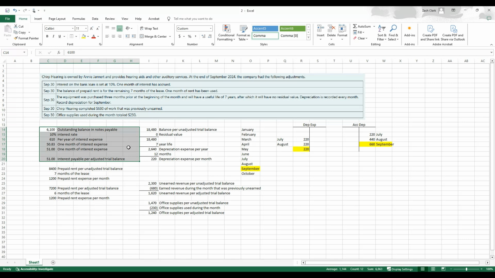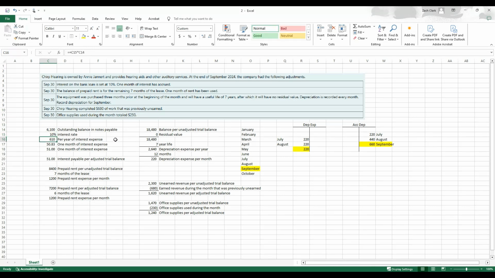And so with this one, what we want to do is take our outstanding balance in notes payable here, which is $6,100 per the unadjusted trial balance. There's a 10% interest rate, and 1 month of interest has accrued. So to get 1 year of interest, we take our $6,100 times the 10% rate.